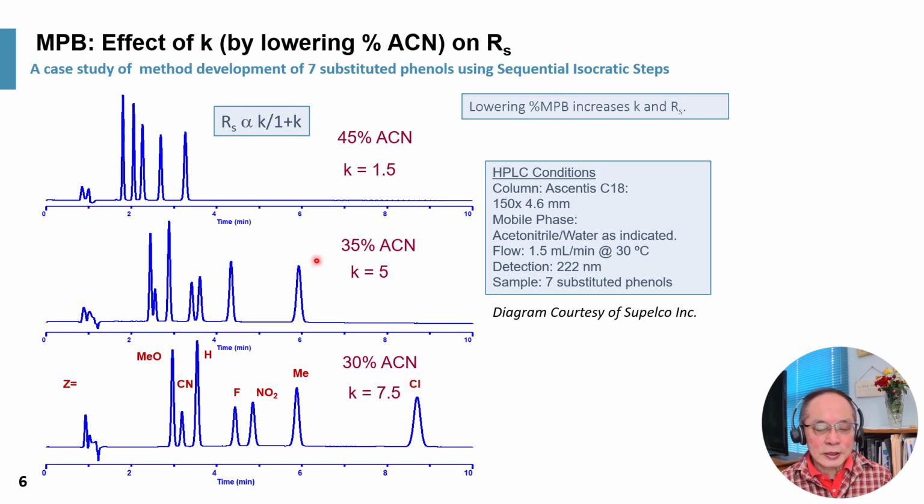This is becoming better. By lowering another 5% to 30% acetonitrile in the mobile phase, we do get a starting point of a good analytical method that can separate all 7 components better than baseline, right? This is a case study courtesy of Supelco.